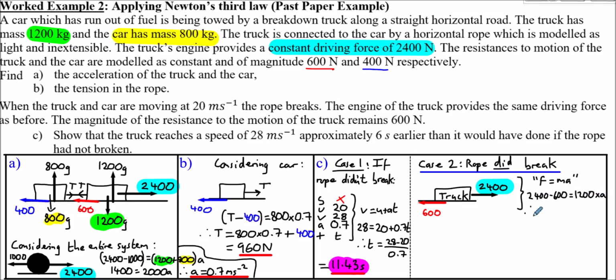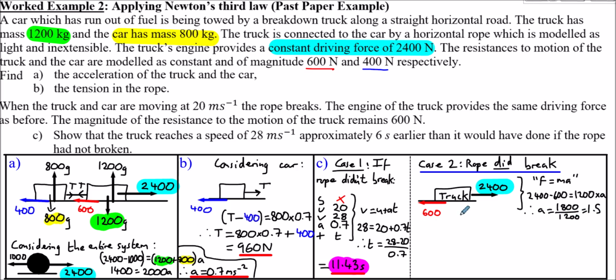So the new acceleration: 2,400 minus 600 is 1,800. Divide everything by 1,200. We get now that the acceleration is 1.5.